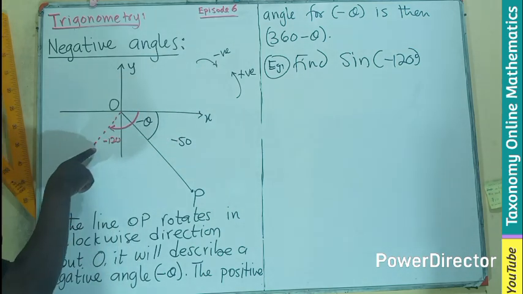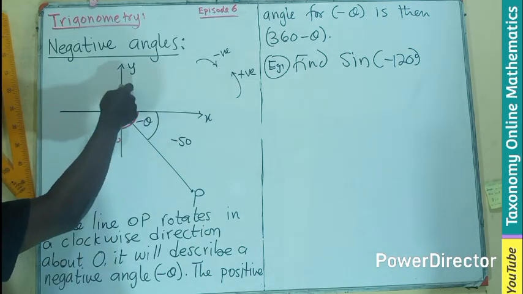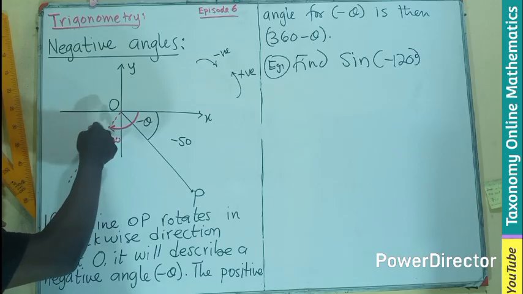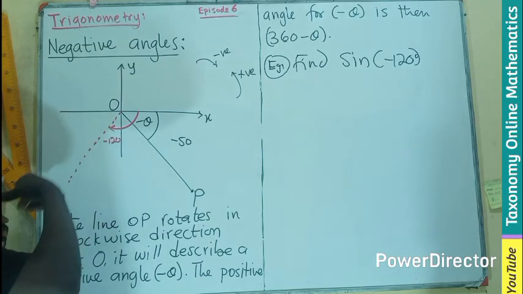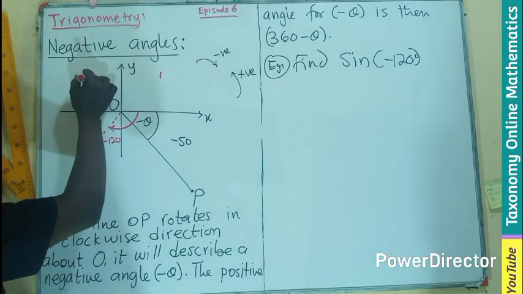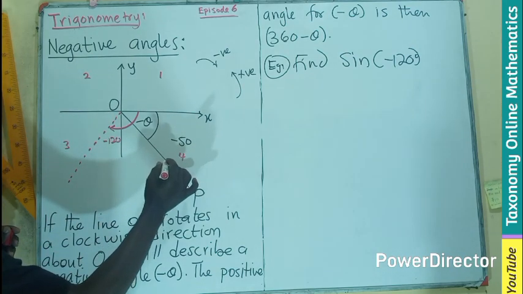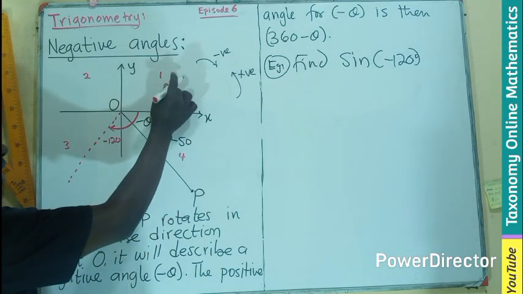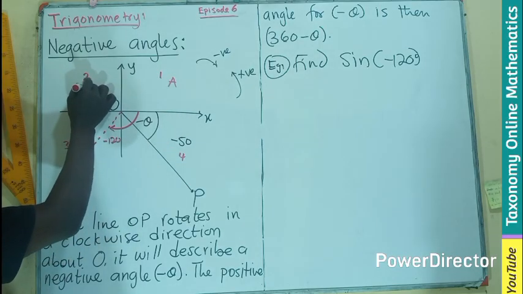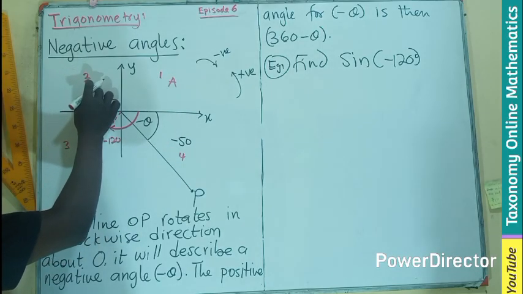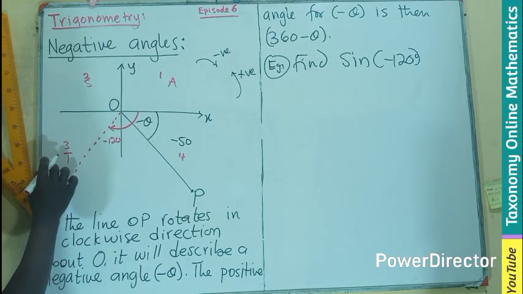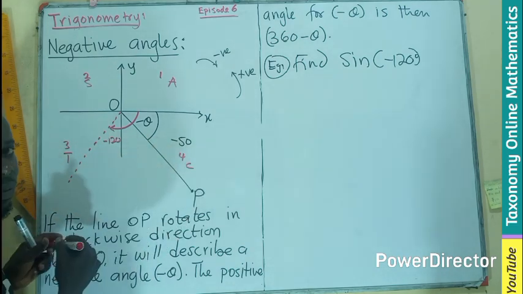So now, how will I measure the positive angle here? We have first quadrant, second quadrant, third quadrant, and fourth quadrant. All are positive in the first quadrant. Only sine is positive in the second quadrant, only tan is positive in the third, and only cos in the fourth.